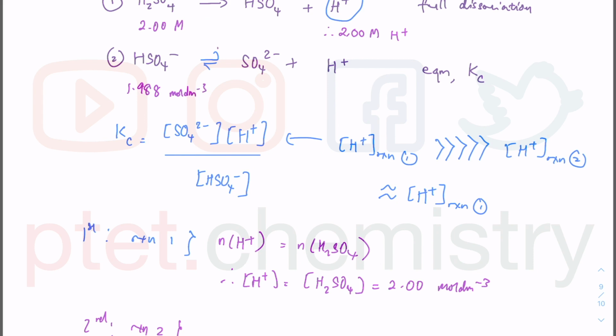But remember that this is in equilibrium, so not all of them dissociate. If not all of them dissociate, you're going to get a very small amount of these, which is why this approximation works. Okay, so in terms of that, since I know the amount of these, and what else?